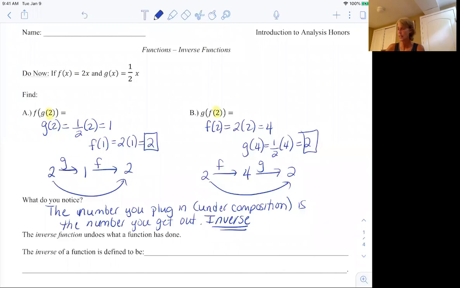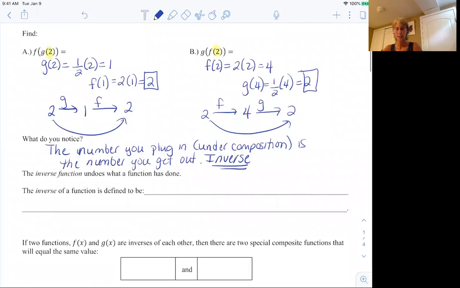All right, so we say the inverse function undoes what a function has done. Okay, now the inverse of a function is defined to be the result of switching the domain and range.